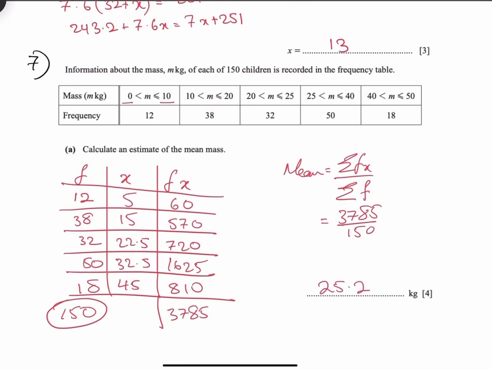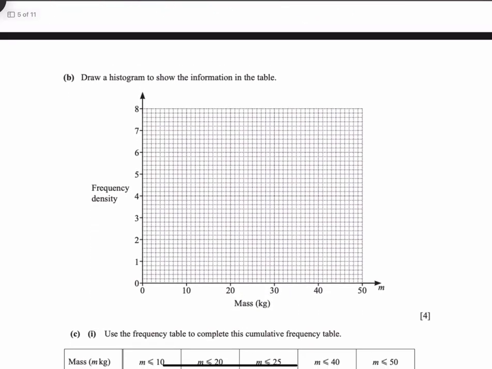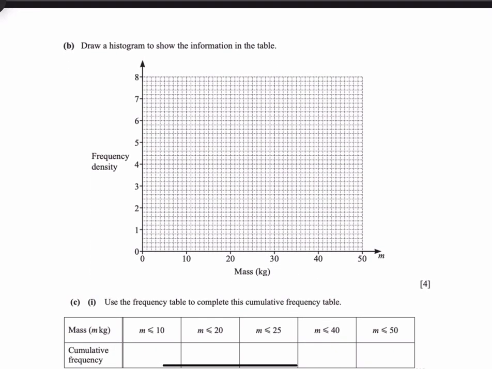Okay. After that, question 7 continues to drawing a histogram, and when drawing a histogram, we need the frequency density. Remember, frequency density is frequency over class width.